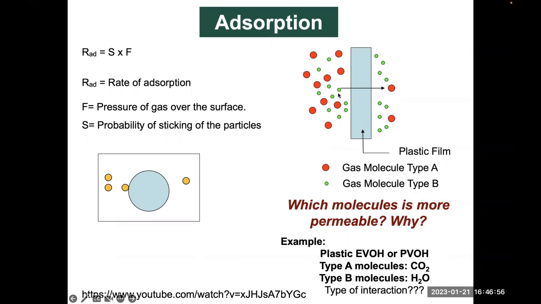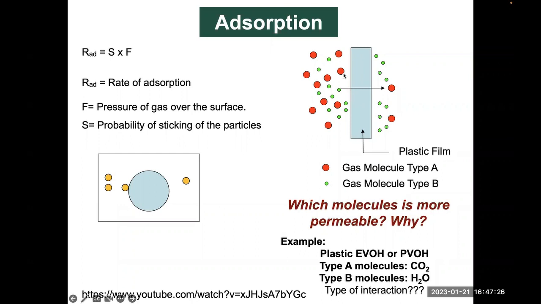Now the schematic here is showing you the less of type A molecules, which are in red. They are moving from one side of the plastic to the other side. You have more movement of the B-type molecules, which are green, from left to the right, right? So, all molecules may not be moving at the same rate.